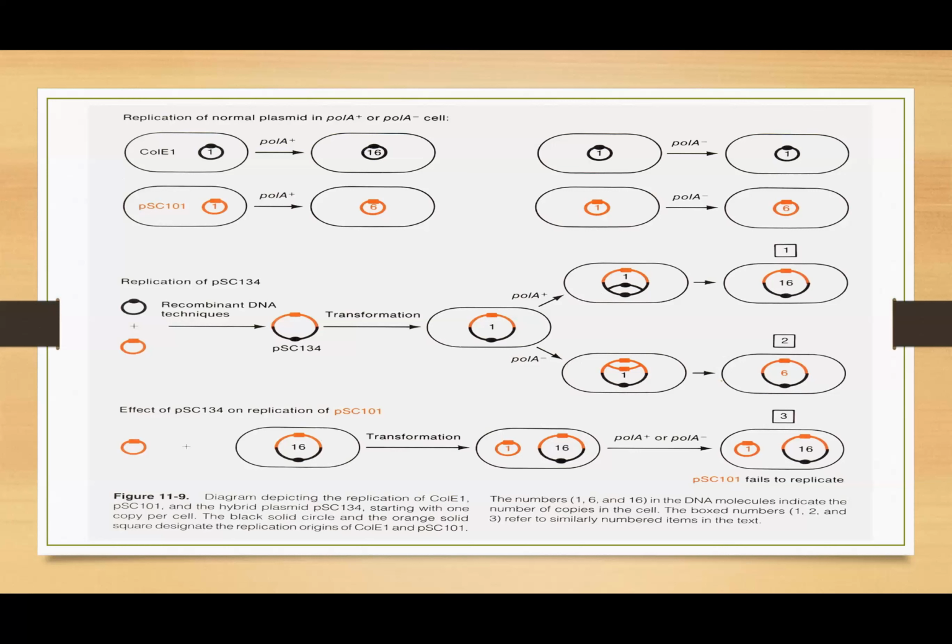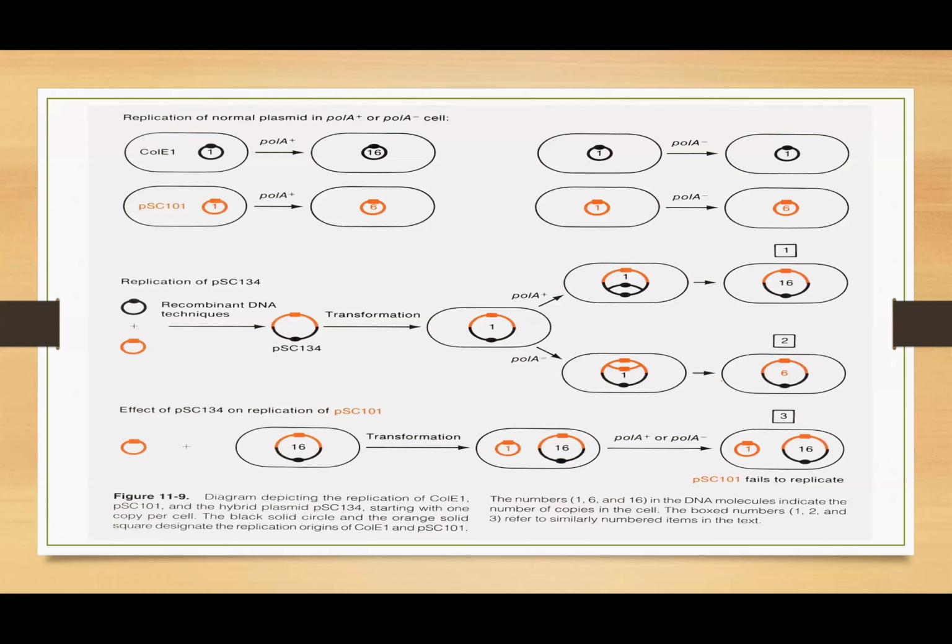So what one is seeing here is that the plasmid number is dependent on how many times it is allowed to replicate. In one case, it is allowed to replicate 16 times, and in the other, only 6 times. So basically, it is this property of plasmids which they exploit to maintain their number in a cell generation after generation.